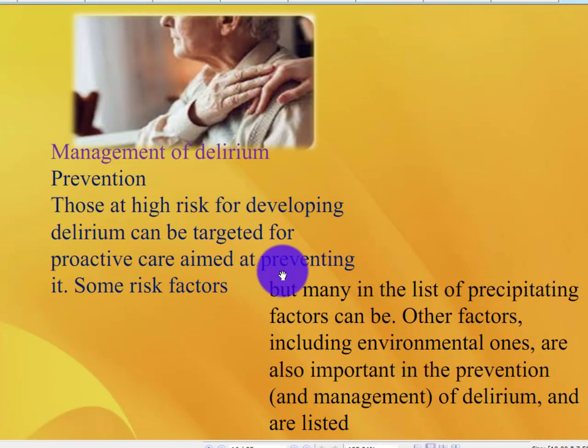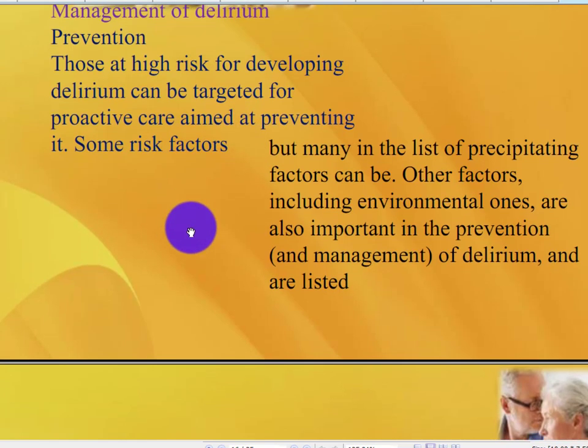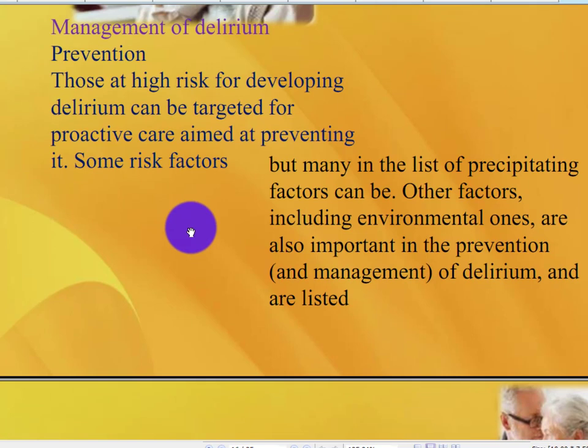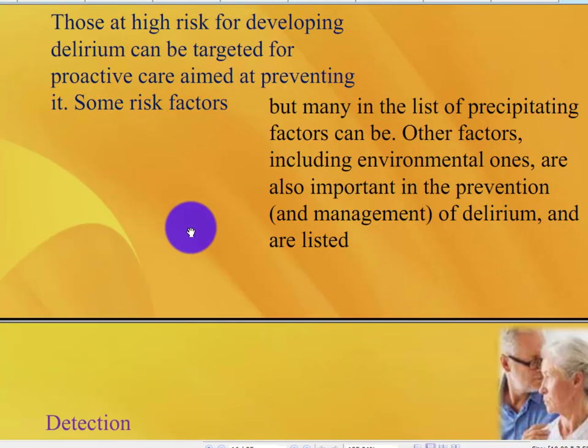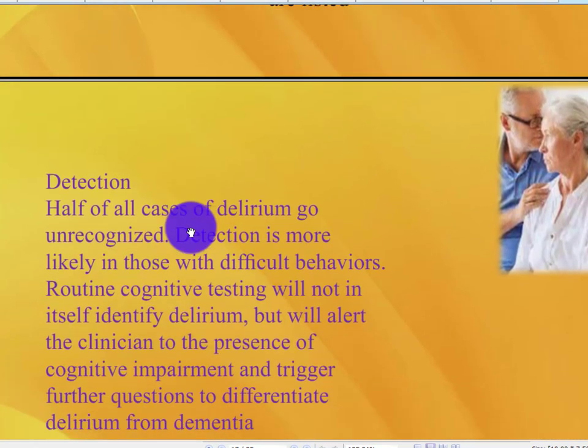Management of delirium. Prevention. Those at high risk for developing delirium can be targeted for proactive care aimed at preventing it. Some risk factors are among the many listed precipitating factors, and other factors, including environmental ones, are also important in the prevention and management of delirium and are listed.